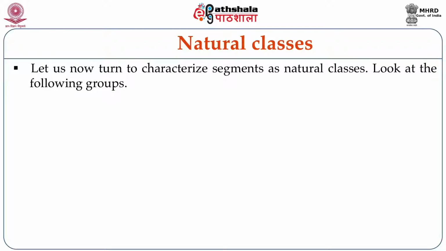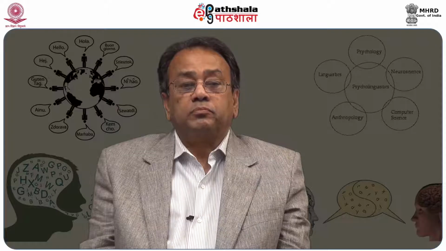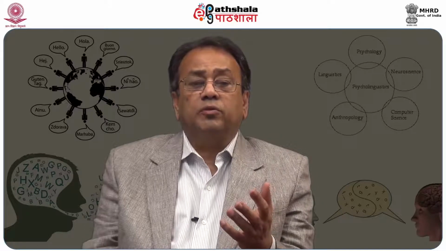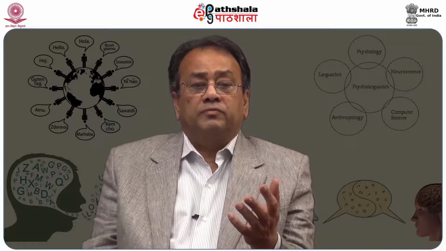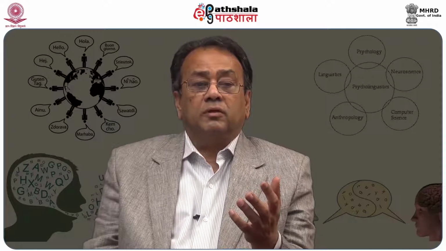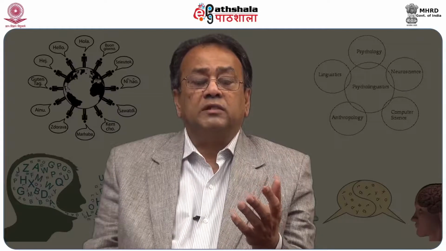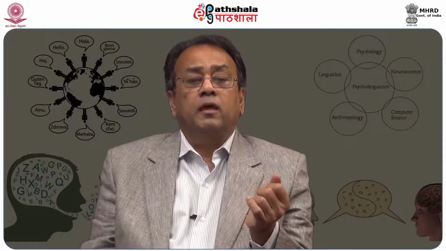Let's take a look at some of these distinctive features that characterize natural classes. You have these examples on the screen. We have three sets of natural classes as shown here.